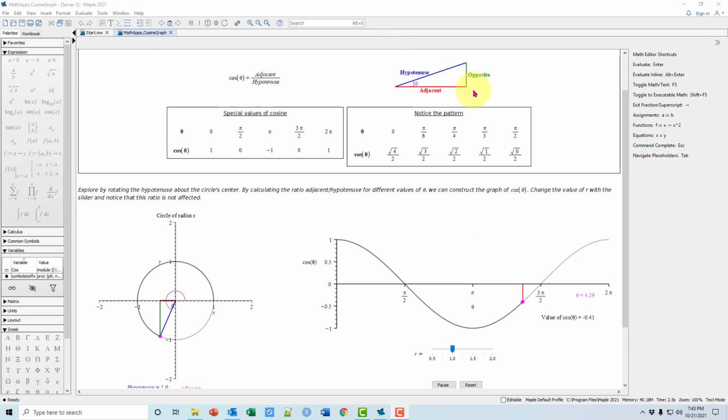This is a Maple app that demonstrates the generation of a cosine curve or a sinusoid. The cosine is the adjacent side in a right triangle, where this is 90 degrees or pi over 2, divided by the hypotenuse. The sine is the opposite side divided by the hypotenuse. Now if we have a unit circle of radius 1, the hypotenuse is always 1. So the length shown here in red is the cosine of the angle that's being traversed, as shown here.